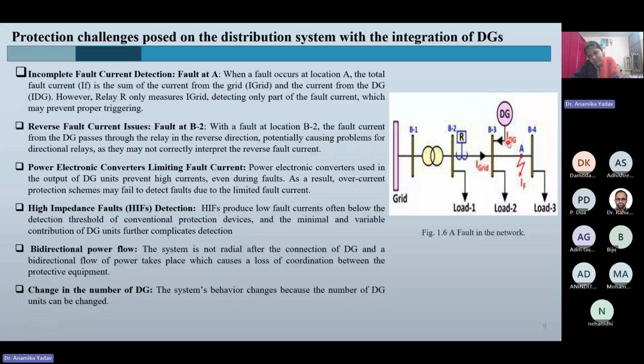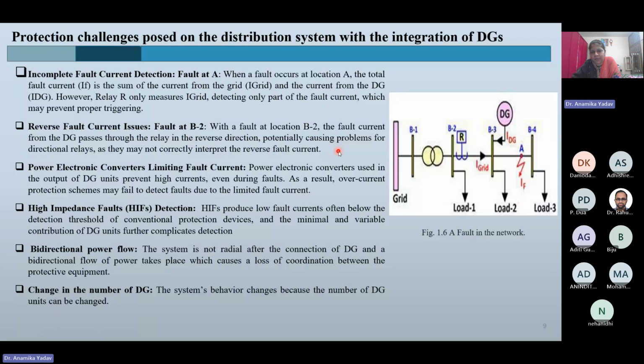It does not measure the amount of fault current contributed by the DG. In this way, the fault detection may not be correct, or underreach may happen in the relaying scheme. Also a reverse fault current condition may occur.